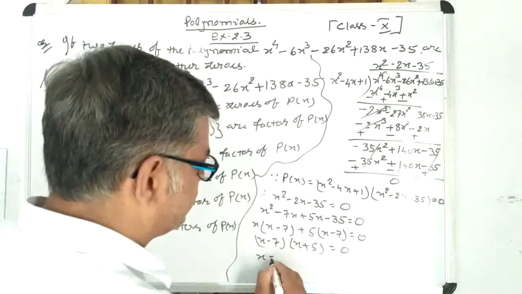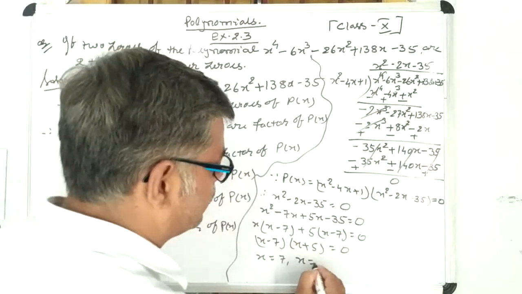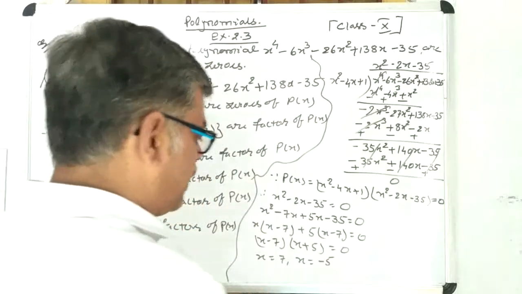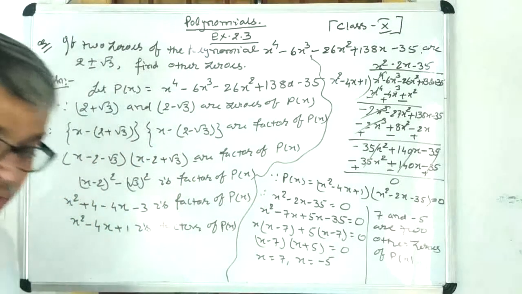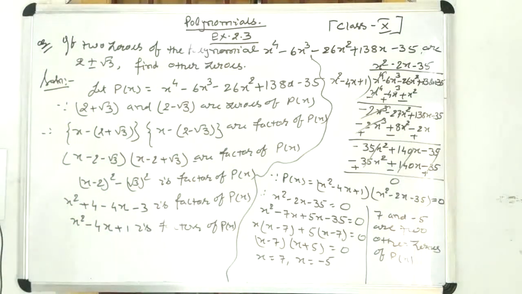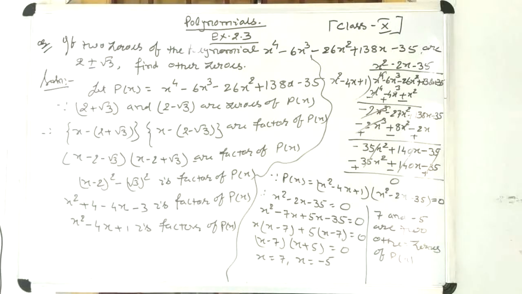So x equals 7 and x equals minus 5. So 7 and minus 5 are the two other zeros of polynomial P(x). In this way, children, this question has also been solved.